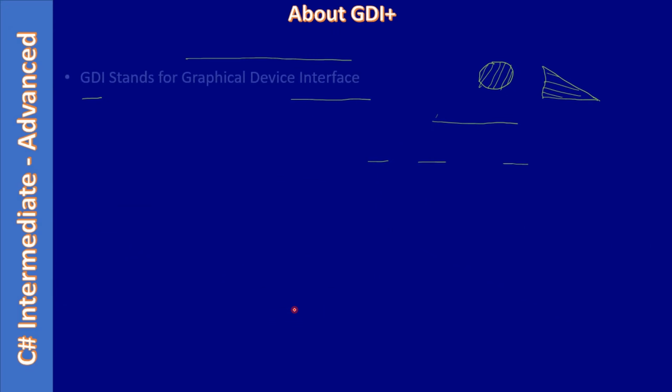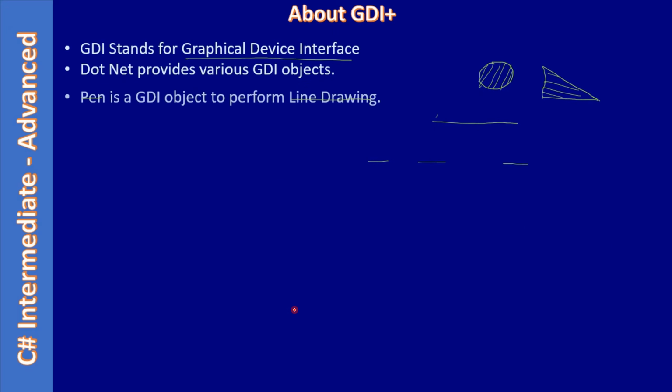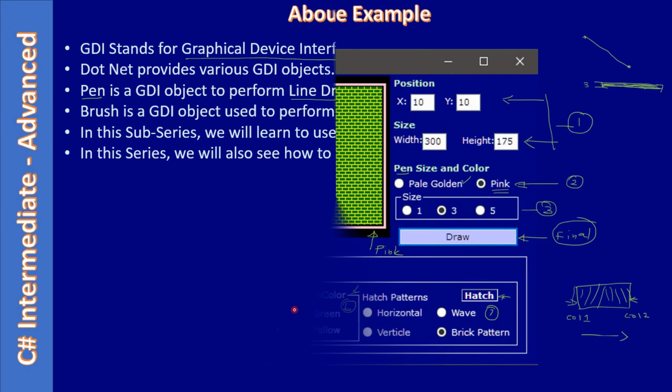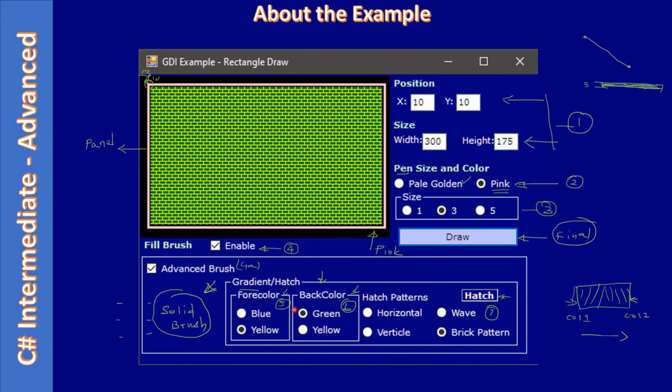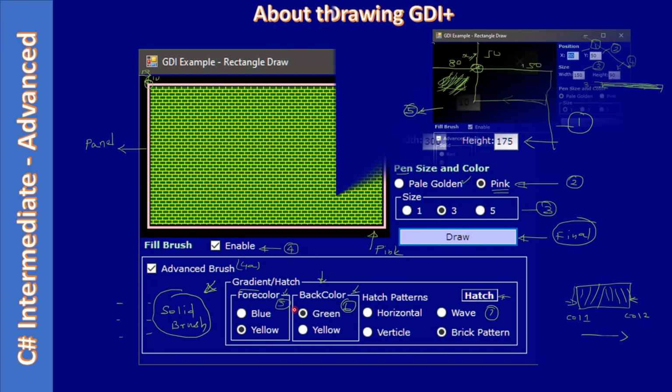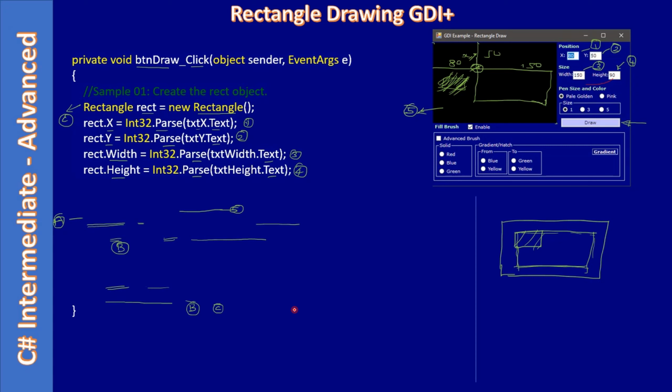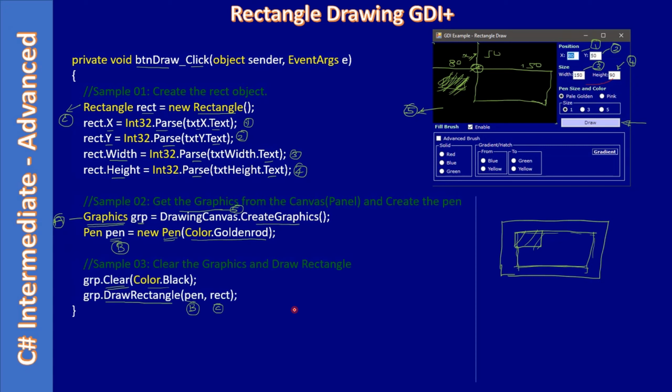First, we started learning about the GDI+. Then we moved on and discussed the example we are going to create. Now since you are at the end of the tutorial, you know how much we implemented. Next we started learning to create drawing.